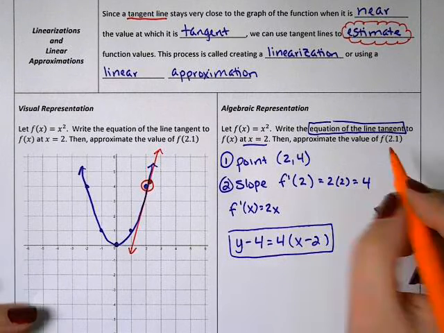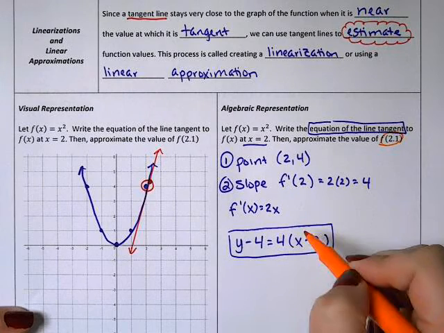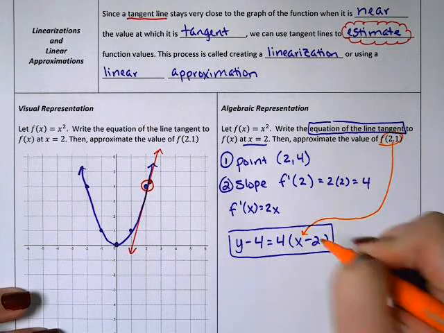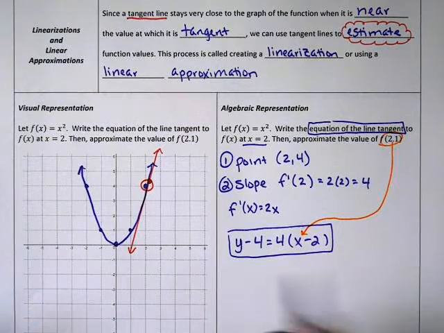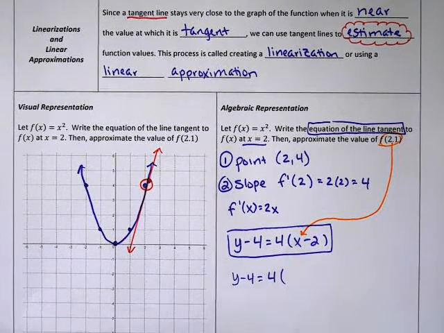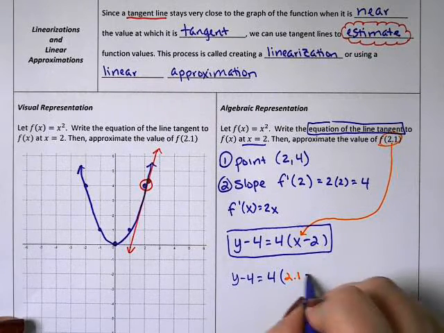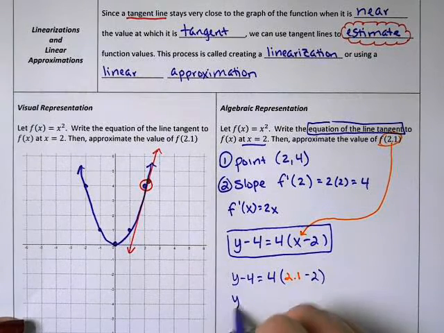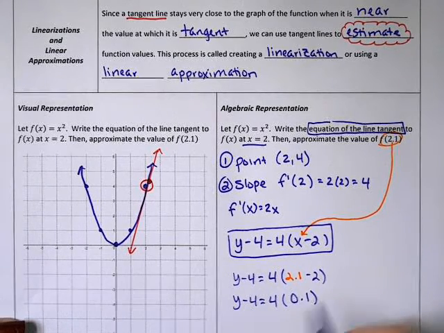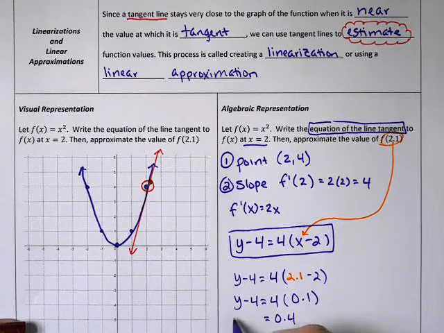Now they're asking us to approximate the value of f of 2.1 using this tangent line. All that means is take this x value and substitute it in right here. So y minus 4 is equal to 4 times 2.1 minus 2. y minus 4 is 4 times 0.1, and 4 times 0.1 is just 0.4.